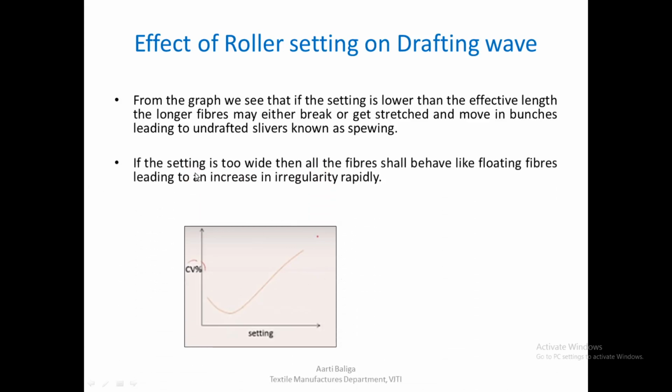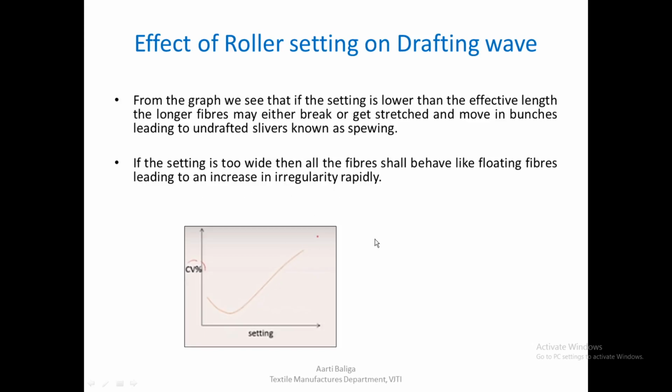And if the setting is too wide, then all the fibers shall behave like floating fibers, because the drafting system would look at it as if all of them are short, because even the longest fiber would be of a length lower than the distance between the drafting rollers. So all would be treated like floating fibers, and this would rapidly lead to an increase in the irregularity, which is seen in this graph.